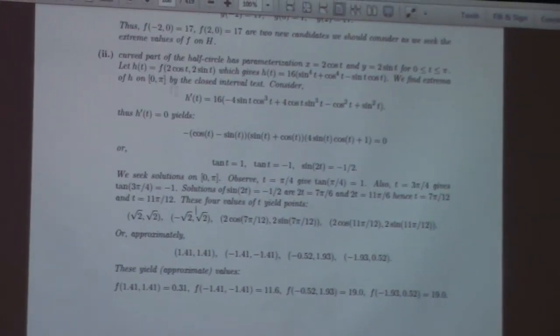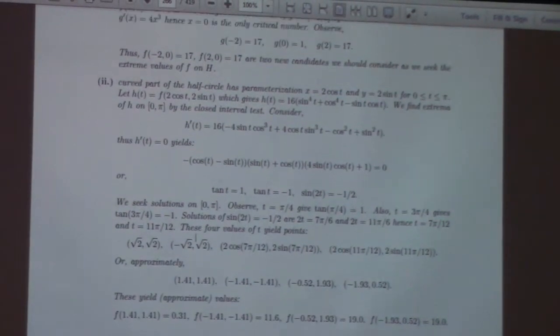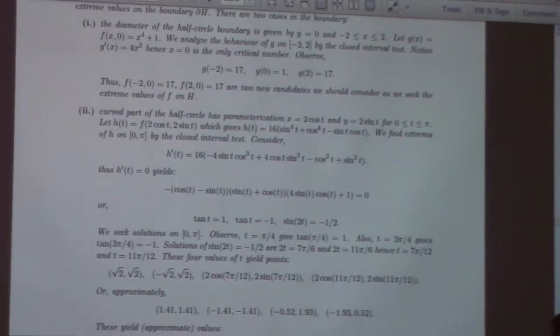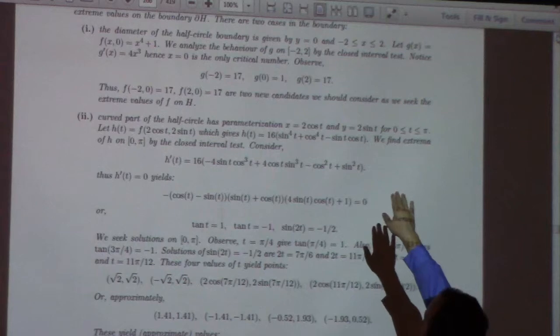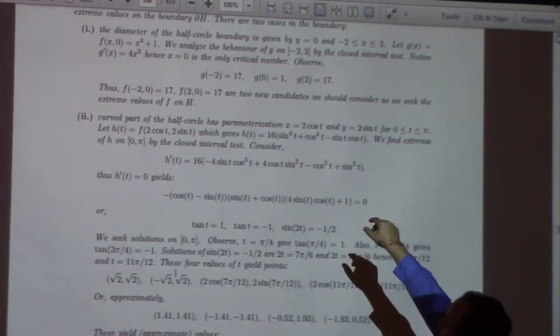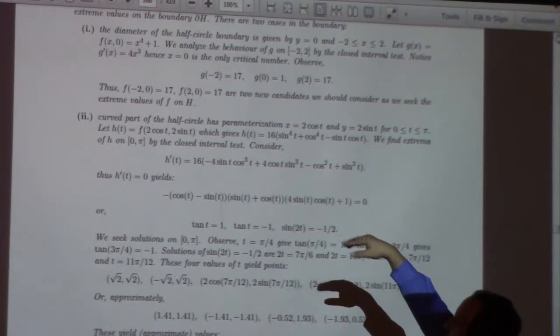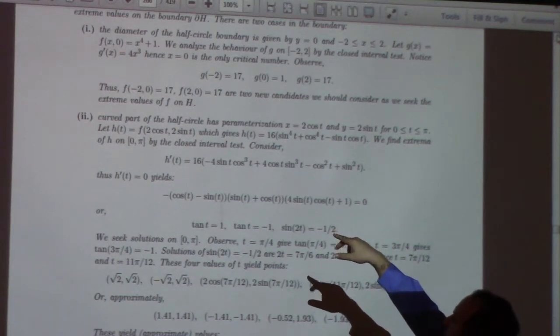To analyze the function on the edge, I parameterize the line segment from minus 2 to 2 with x, I think, in this case. x equals x, y equals 0. So the function just restricts to x to the fourth plus 1.